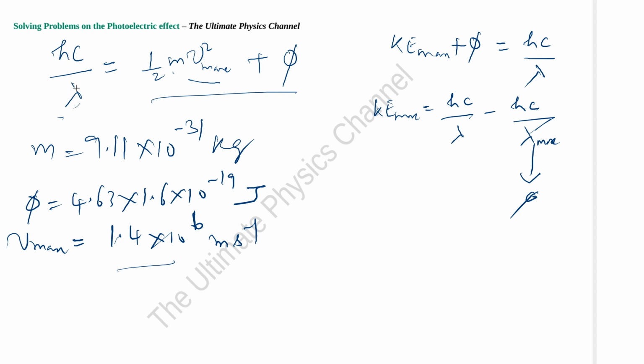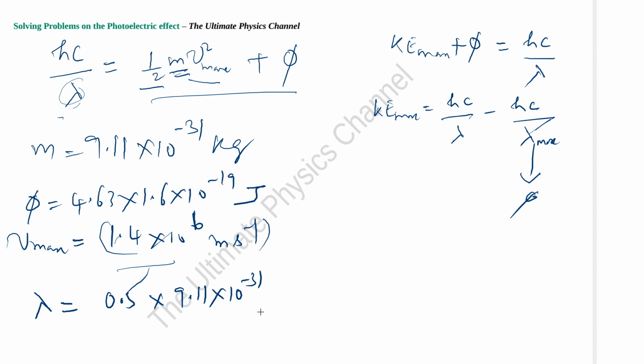We have lambda on the left hand side which we need. So we can calculate lambda finally as 0.5 for half, times 9.11 times 10 power minus 31 kilograms for the mass of electron, and then V max squared.